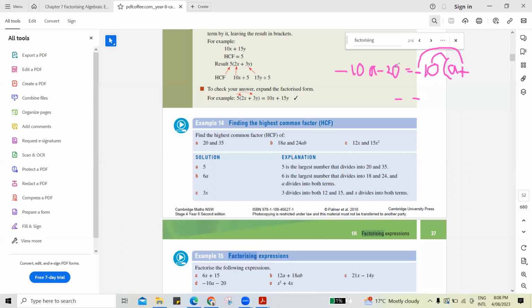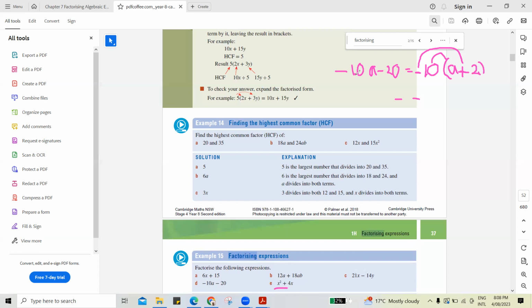And 10 times what gives 20? What should be the number? 2. Because 10 times 2, 20. Right? Okay. Can you do this one?